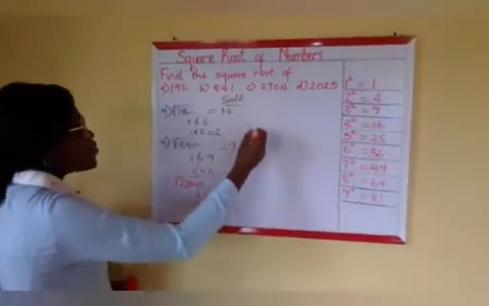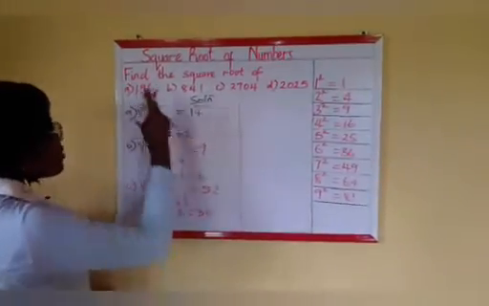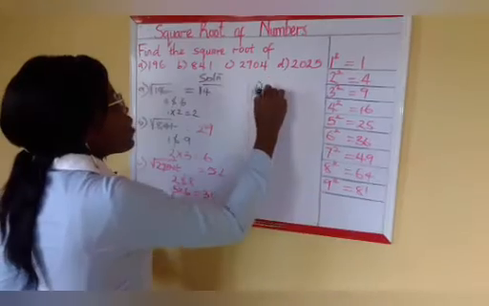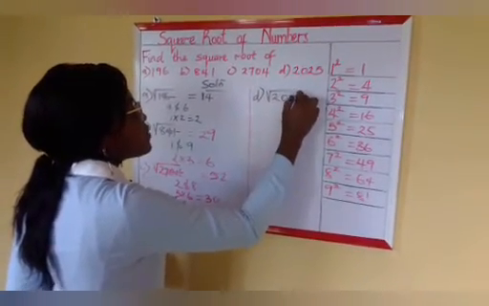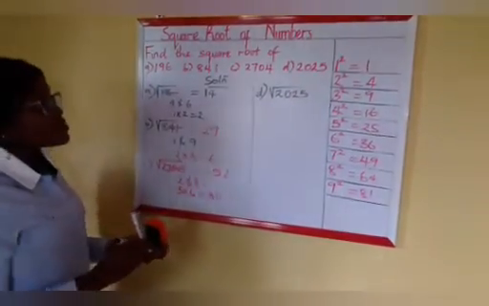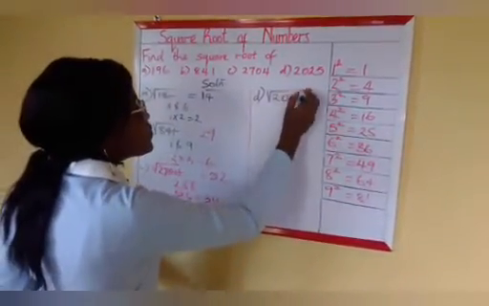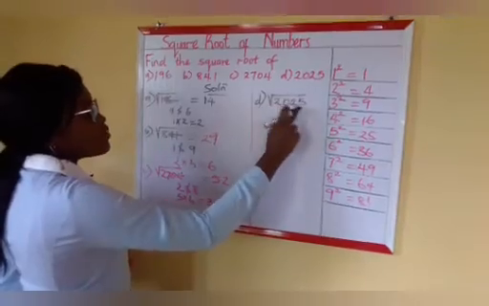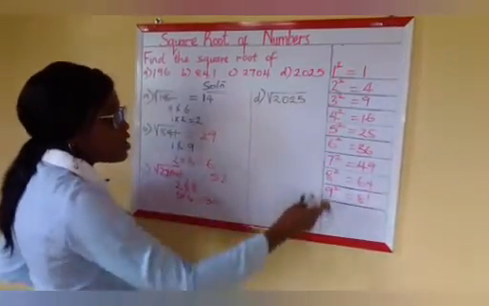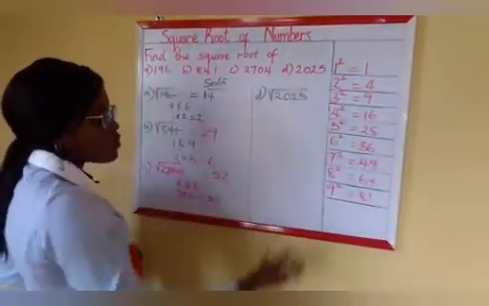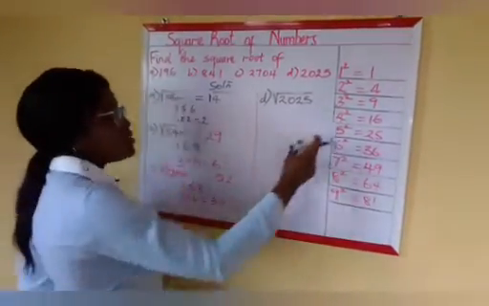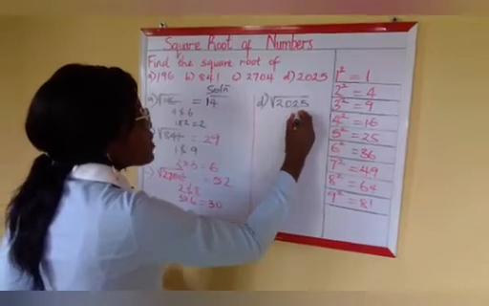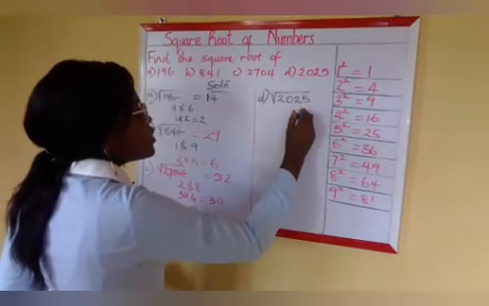Let's solve the very last example. I'm going to manage this board now so that I will not erase this side. Square root of 2025. Now the question you will ask yourself is this. From the square of numbers, which one has 5 at the unit side? And it's 5. So we have only 5.